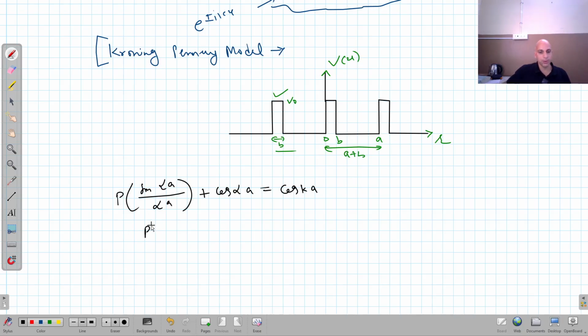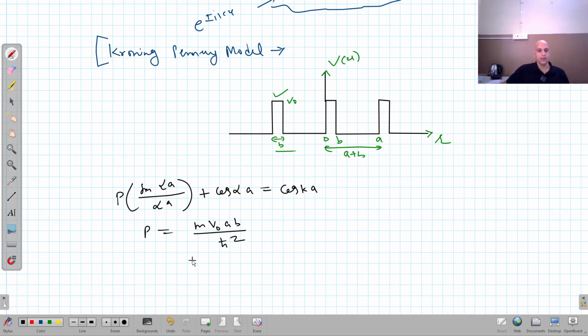Here P is equal to, sorry, not P square, P is equal to m V naught a b upon h cut square.